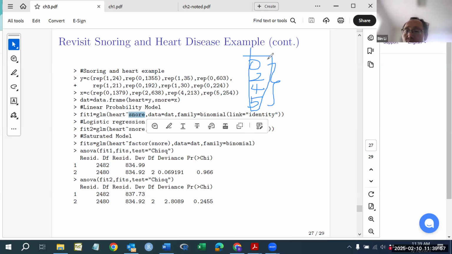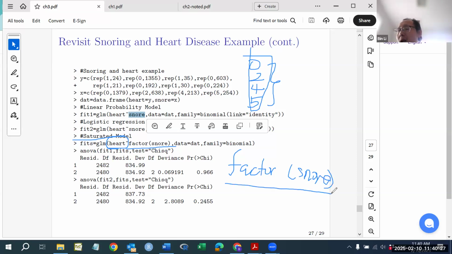So I used scores here, right? And the saturated model is what? The saturated model is to model the heart disease rate through a factor of snow. So what is a factor of snow? Here, that means we treated snow as a factor. Factor in R means a categorical variable.